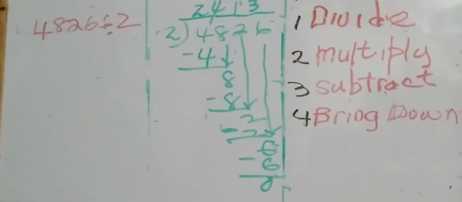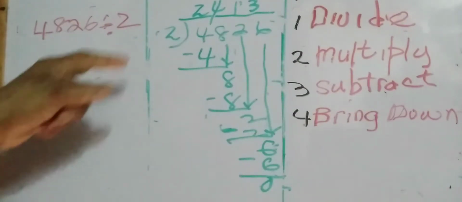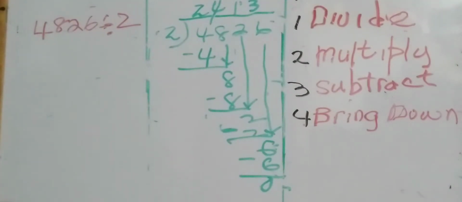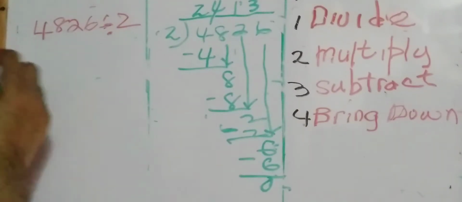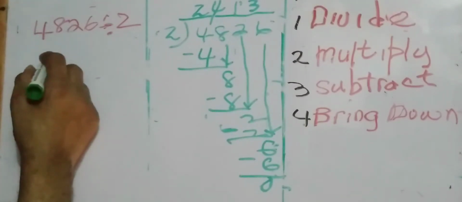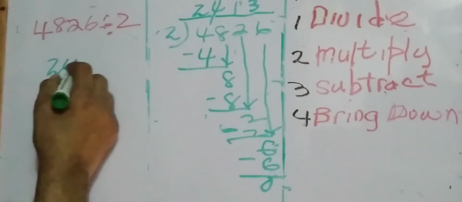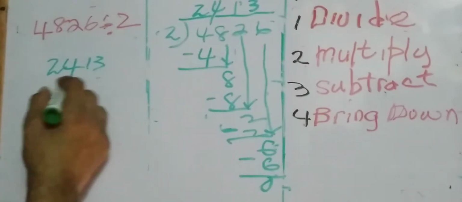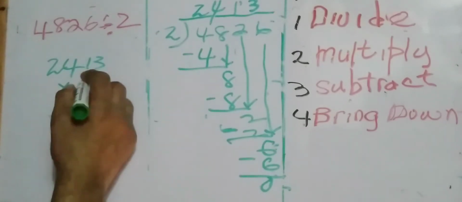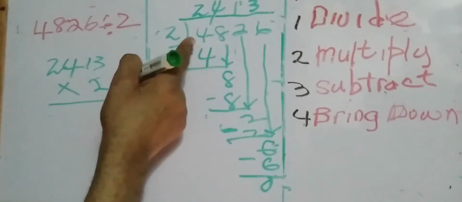So we're going to check to see if our answer is correct, because in our previous lesson we proved that our answers were correct. So what we did was to multiply the quotient, which is the top number, by the divisor, and we are supposed to get the dividend. So let's go. So it's 2,413 multiplied by the divisor, which is 2, and we're supposed to get the dividend, which is the number inside.